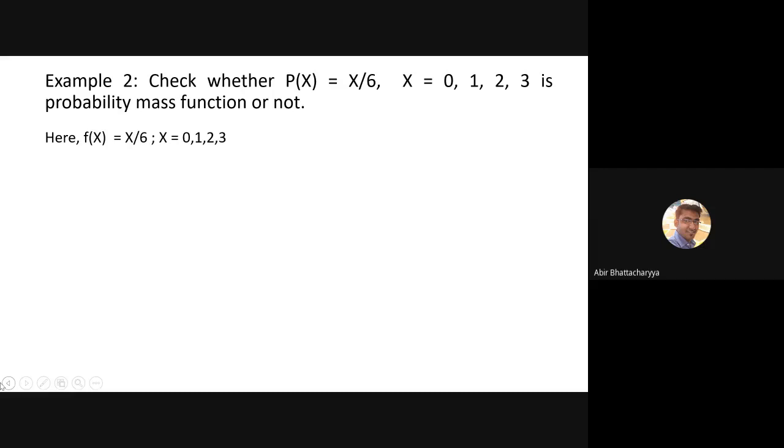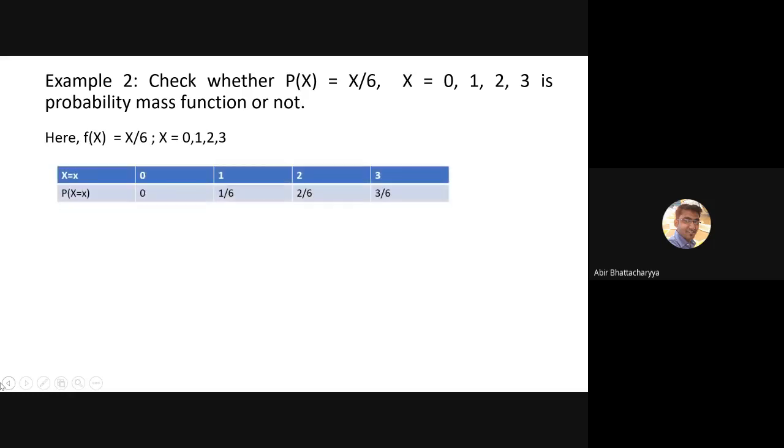The value of x is 0, 1, 2, 3. Just plugging in the value of x: when x equals 0, P of x is going to be 0 by 6. 0 by 6 means 0.